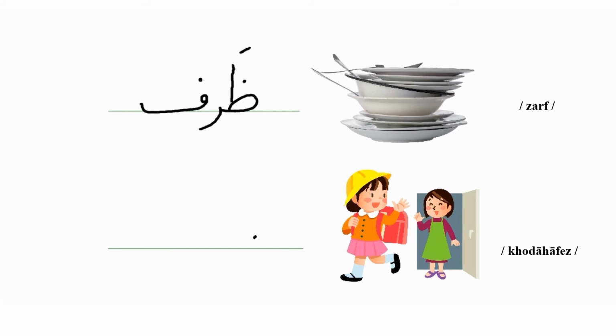So if you remember, it was like this. Khe. The short vowel O. Kho. Then we have Khoda. Khoda, which means God. Then we have He.